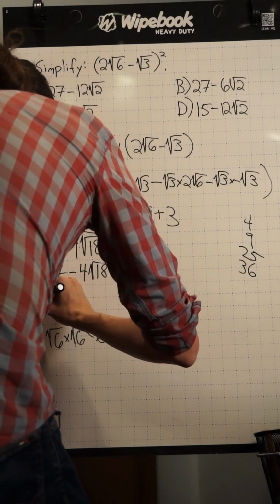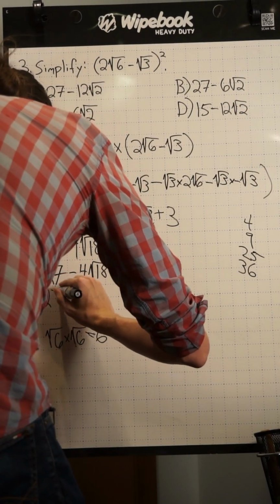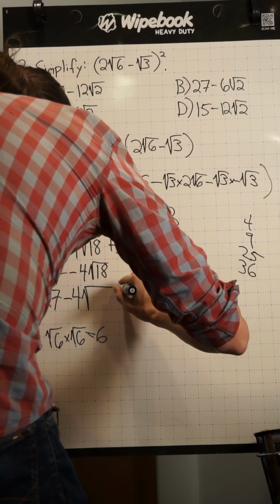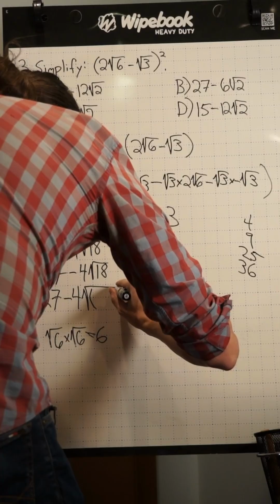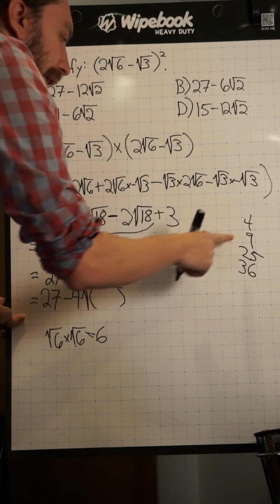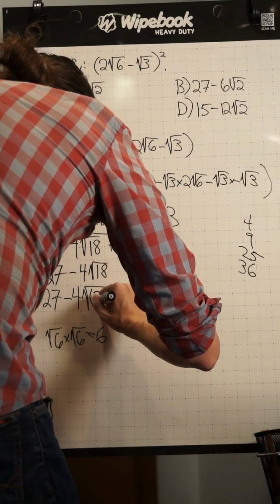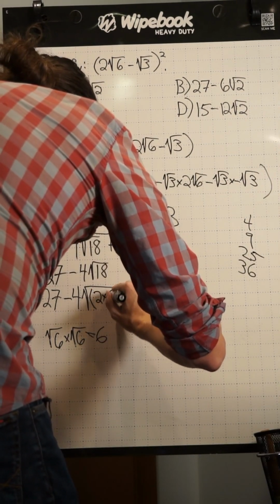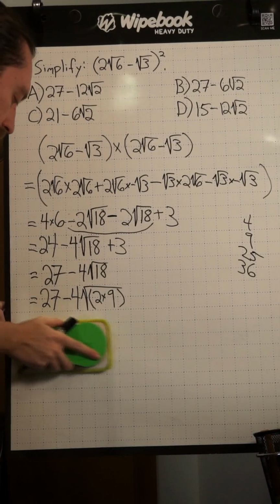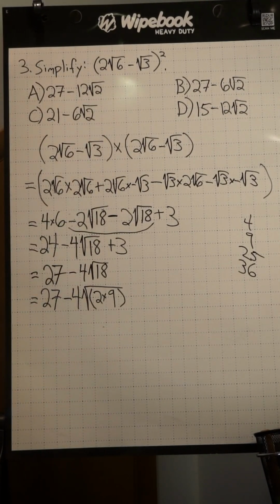So let's simplify that one. Let's write it out that way so we can see it better, right? 4 square root, I'll put it in brackets just so that we can remember it, right? So we said 18, this is the same thing as 2 times 9. Okay. So we're almost finished.